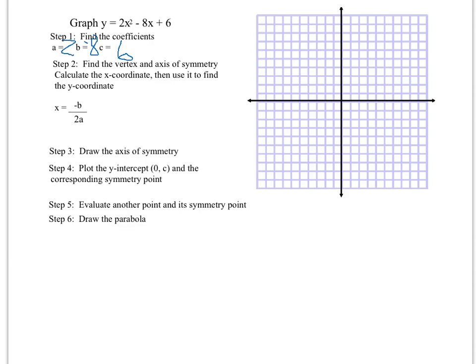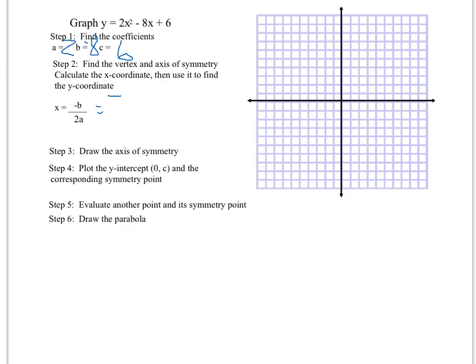Our next step is step 2, where we find the vertex and the axis of symmetry. And again, finding the vertex starts with this right here, x equals negative b over 2a, or opposite b over 2a. So this negative sign is going to be there automatically for us, so we can bring that in.